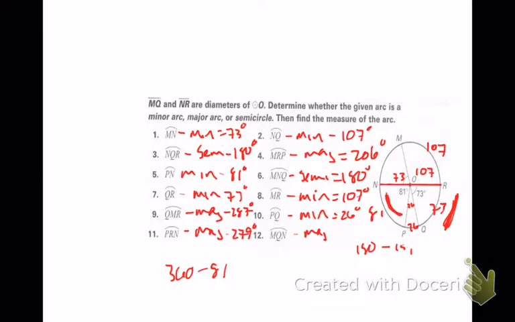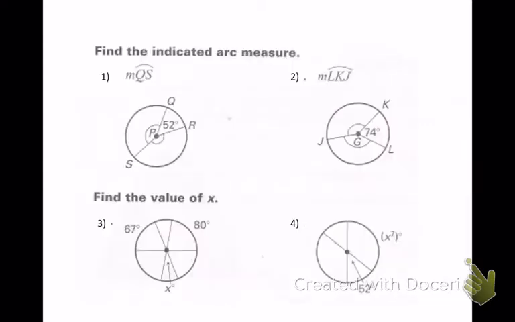And then MQN. So you can kind of piece these together however you need. MQN, again, is the entire circle except for 73. So subtract 73 from 360, and it's going to be 287 as well. Right? So a lot of these arcs are even congruent to each other because they're in the same circle. All right? Hopefully that makes enough sense.